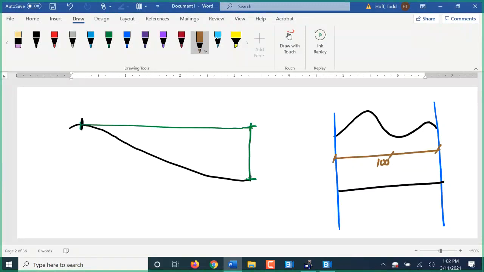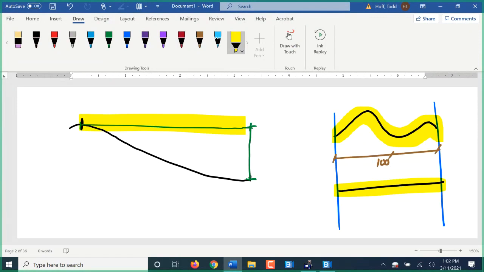The 100 yards is measured horizontal. So there's much more surface area to this land because it's going up and down. This one goes straight across, the shortest distance between 2 points is a straight line. So that's going to give us less surface area, but 100 yards is still 100 yards. It's measured at that horizontal. So we need to know this length to figure out really how far it is between those 2 points.